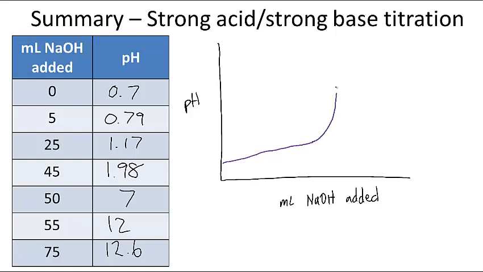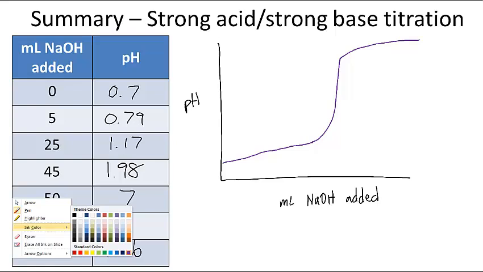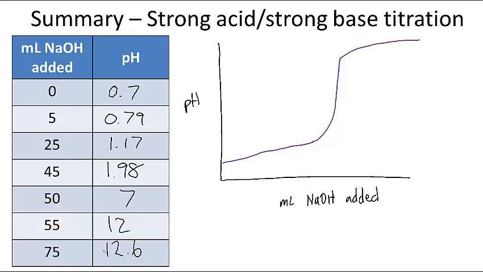It spikes way up. And then after that, kind of leveled off again. So this point right here, where the pH was 7, that was where we had added 50 milliliters. And the big jump really occurred within 5 milliliters on either side of that.